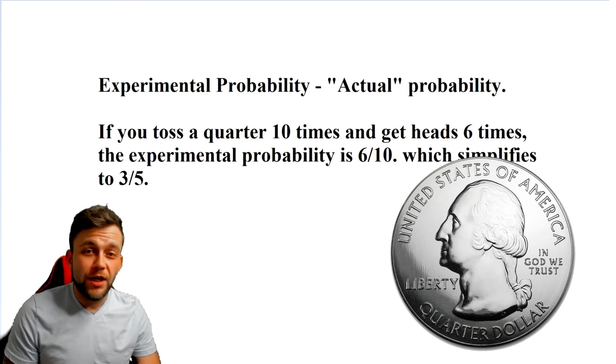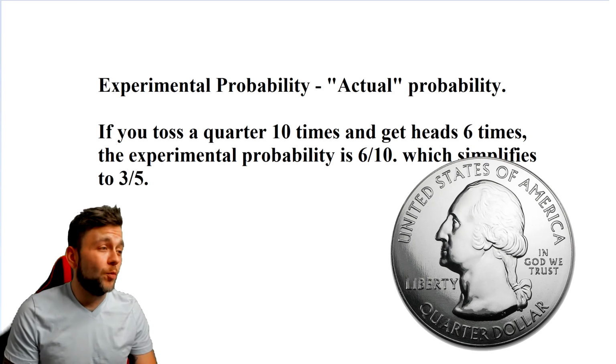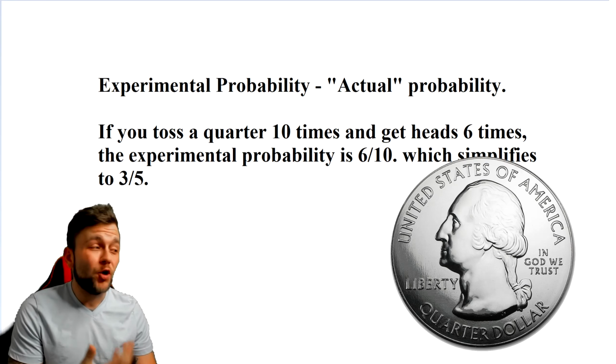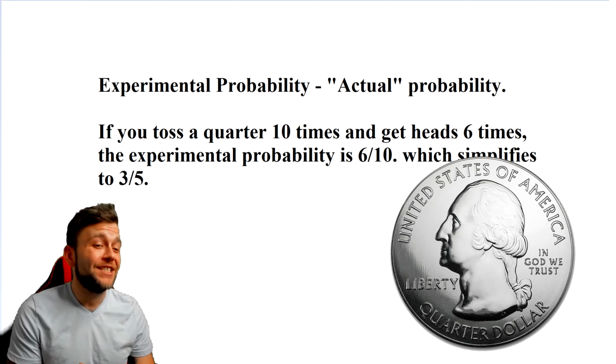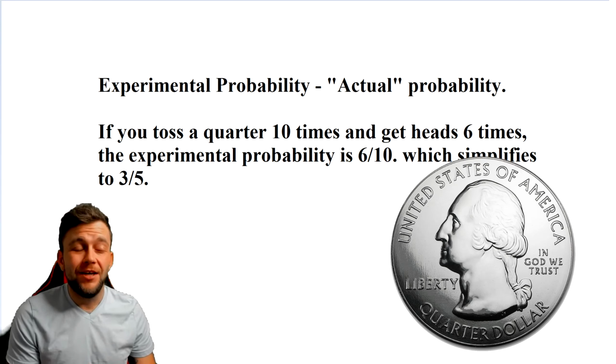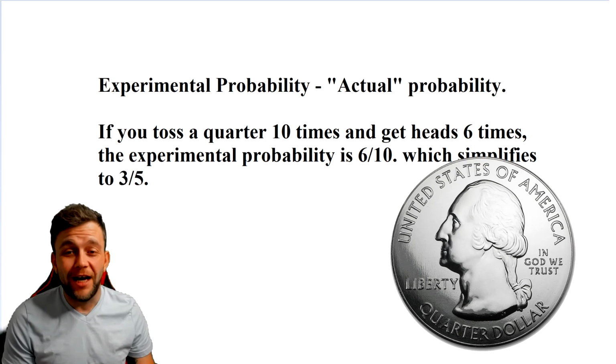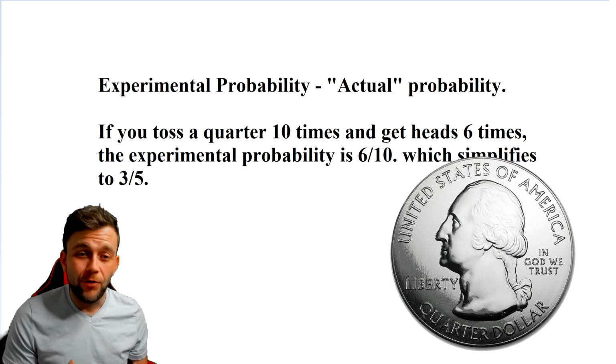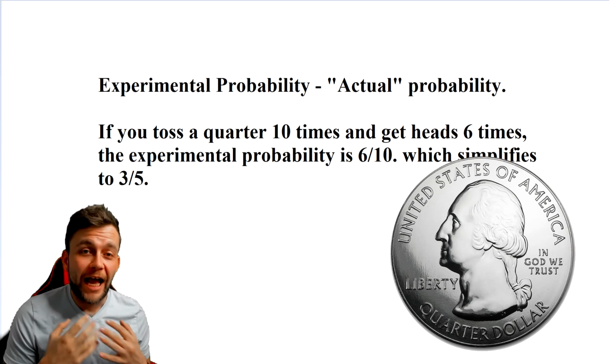The other type of probability is experimental probability. If you toss a quarter 10 times and get heads 6 times, the experimental probability is 6 out of 10, which simplifies to 3 out of 5. So to put it plainly, it is what you're actually doing.